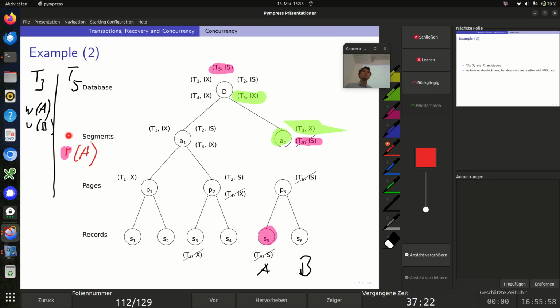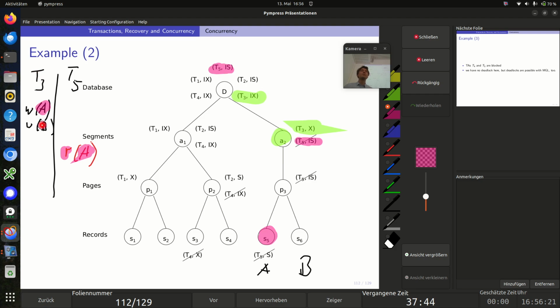So we see a conflict here. It's the same resource because both are located on the same page here, S5. It's actually on the page P3, but it's the same record. So this transaction must finish.